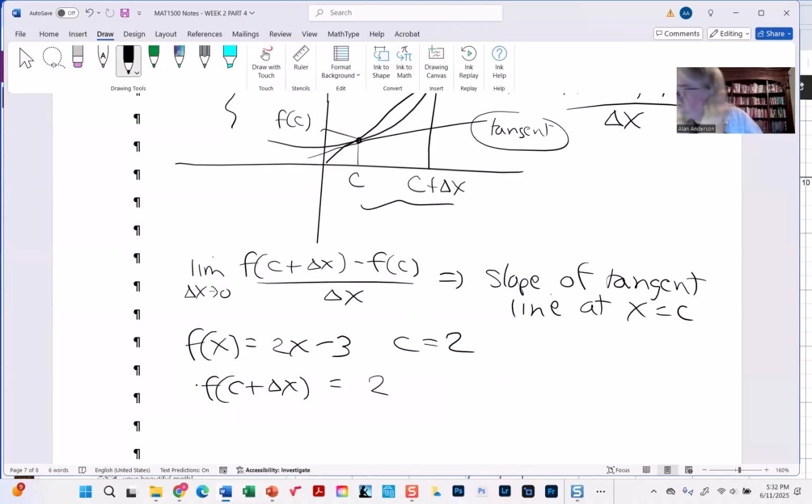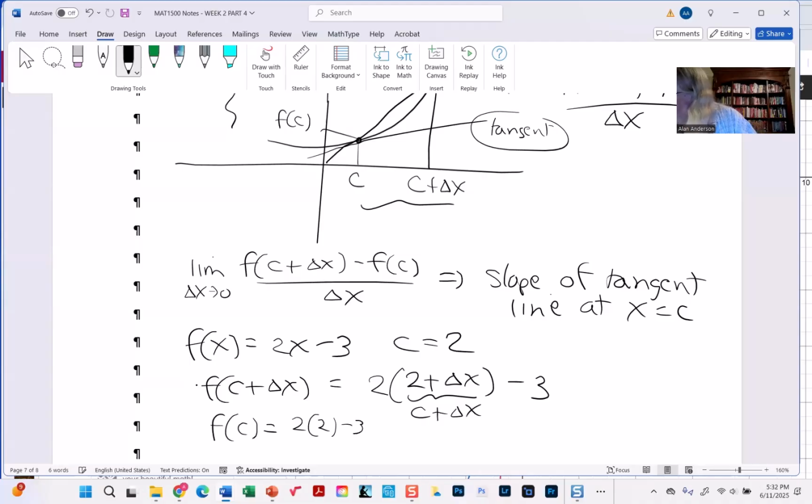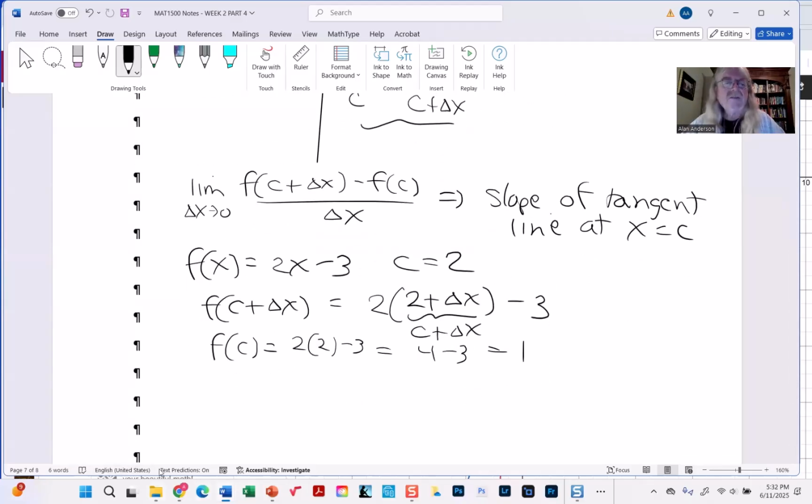So you're actually going to write 2 times 2 plus delta x minus 3. Because this is c plus delta x. f of c means you're replacing all the x's with 2's, which is 4 minus 3, which is 1. So the ratio you'll have is this.